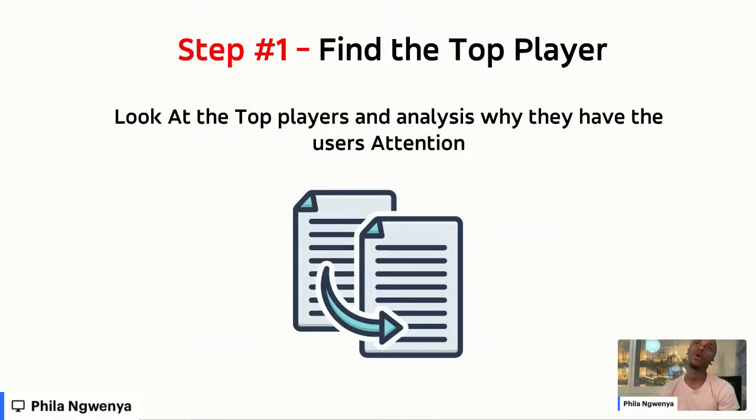If your industry is cell phones, Apple or Samsung would be an example of a top player. If your industry is diamonds, De Beers and things like that would be your top players. You have to look at the top player and analyze why they have the user's attention.